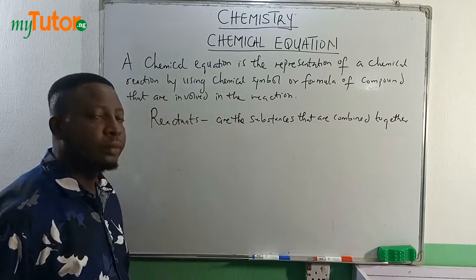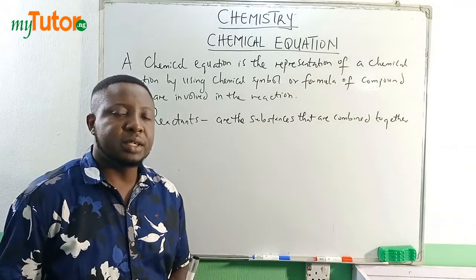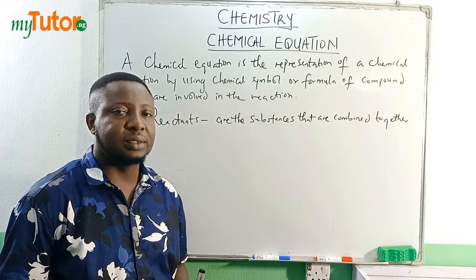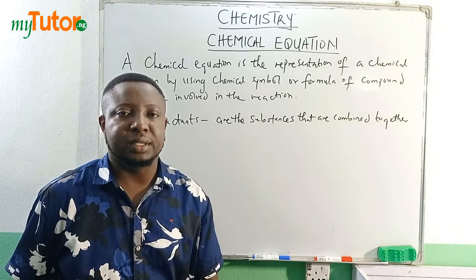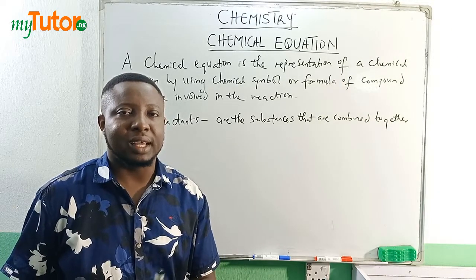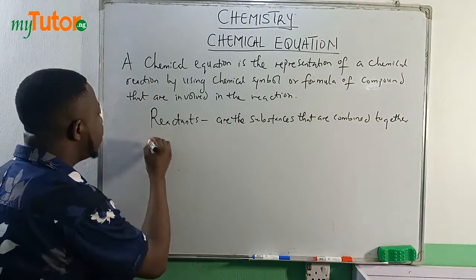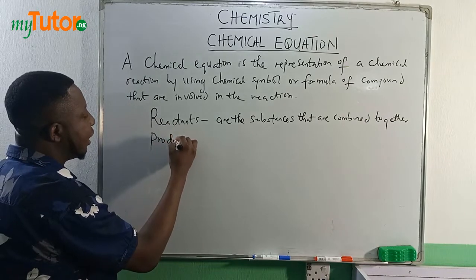The substances which are combined together in a chemical reaction are called the reactants, while the new substances that are formed in a chemical reaction are called the products. So the products are the new substances that are formed.